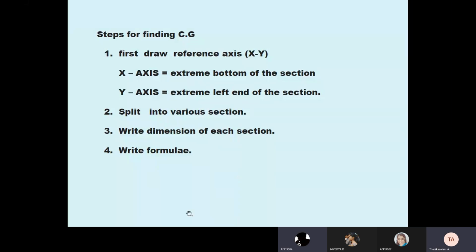Steps for finding CG. First, draw reference axis x and y. X-axis equal to extreme bottom of the section. Y-axis equal to extreme left end of the section. Split into various sections. Write dimensions of each section. Write formulae. Okay, these are the steps for finding center of gravity.